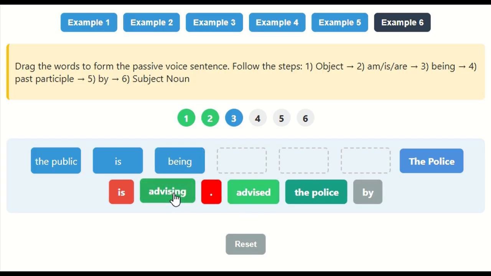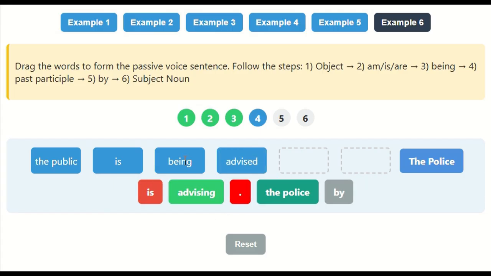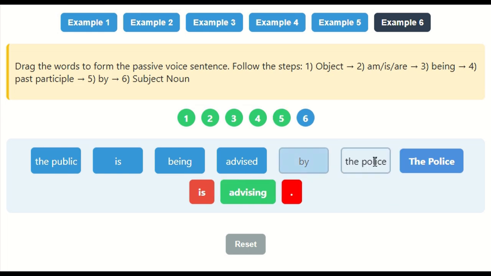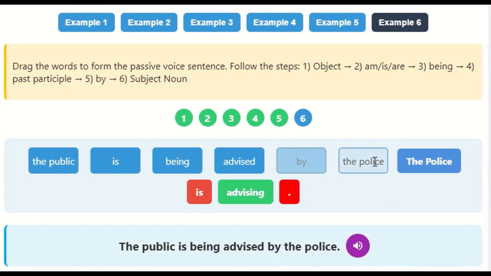And past participle form of the verb advising, which is advised. Right, the public is being advised. Now see how to add subject to the sentence. Use word by to join the subject. The public is being advised by the police. Is it clear to you?